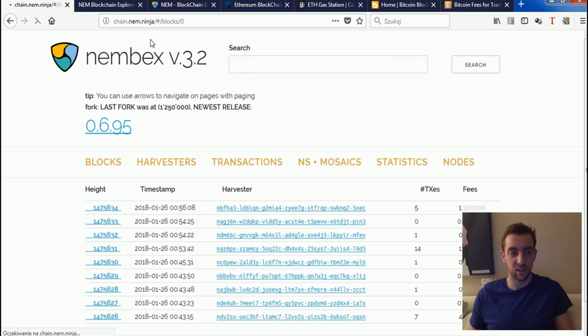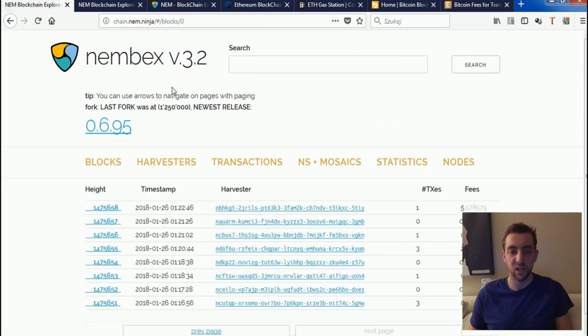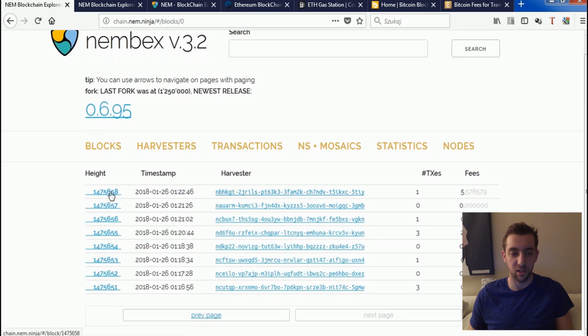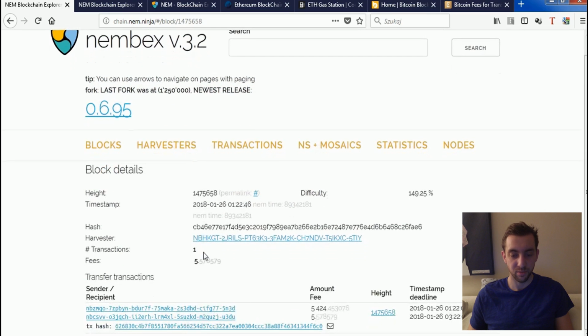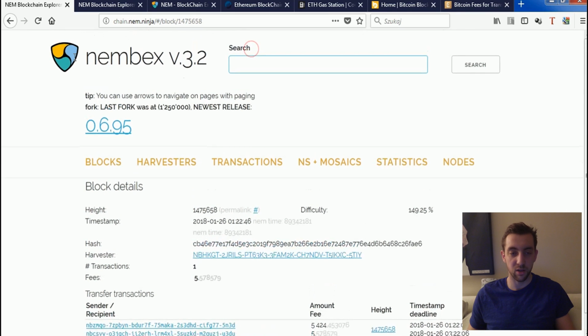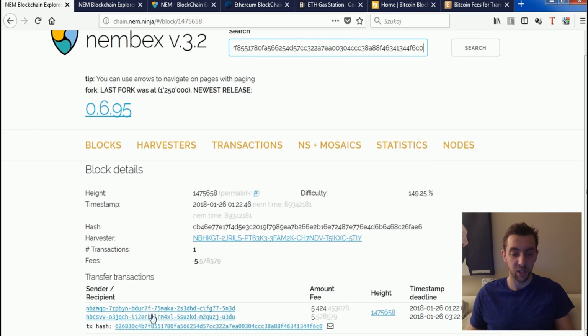Okay, but let's go back to the NEM blockchain, and let's go into this block. Let's copy the hash of the transaction. And of course, we can search in the blockchain explorers by the hash of the transaction. We can search by the block height, and then this explorer should show us all the transactions in this block.